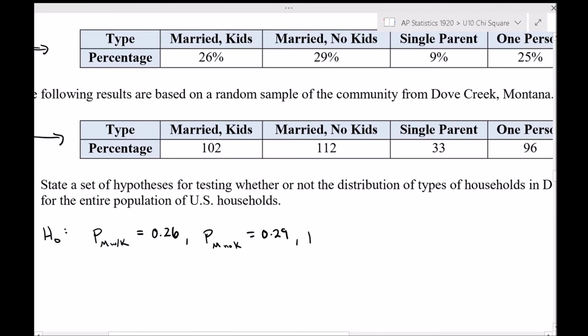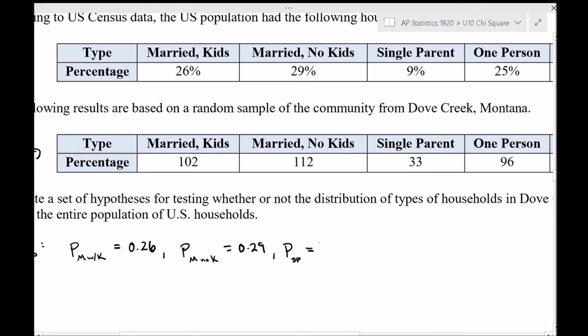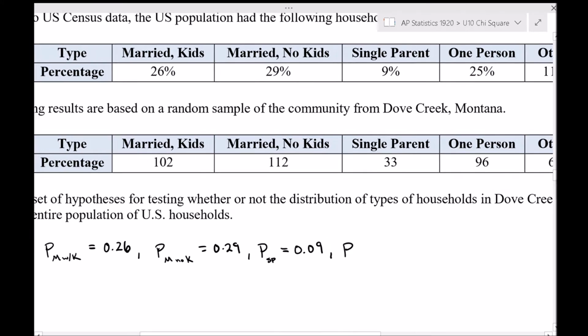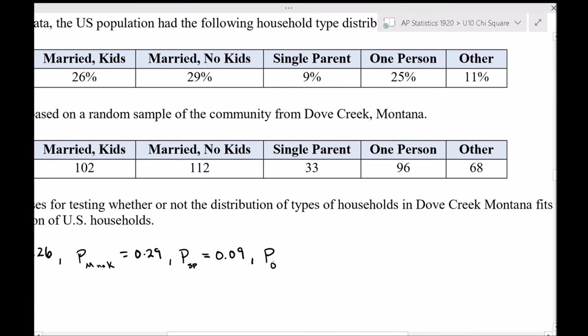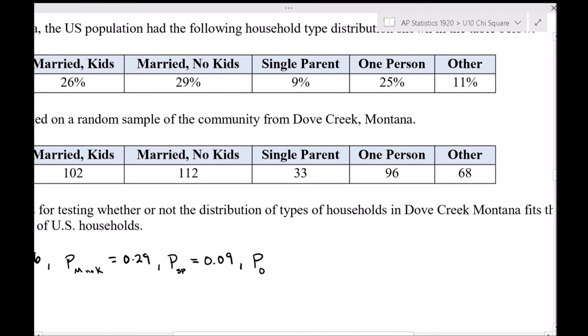Single parent, so the proportion of the single parent households is 0.09. Proportion for 1-person households, that's going to look a little different if it's SP and then OP, I'll leave it that way either way, is 0.25. And then the proportion for the other category, just O, is equal to 0.11.